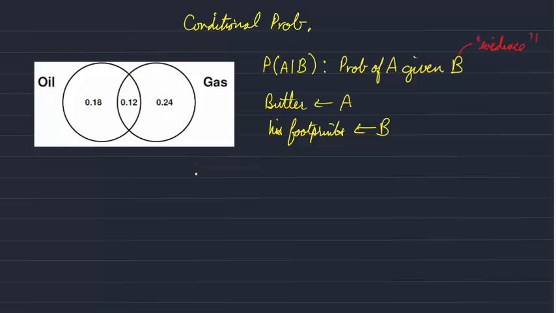So next I'd like to write out two forms of Bayes' basic equation.